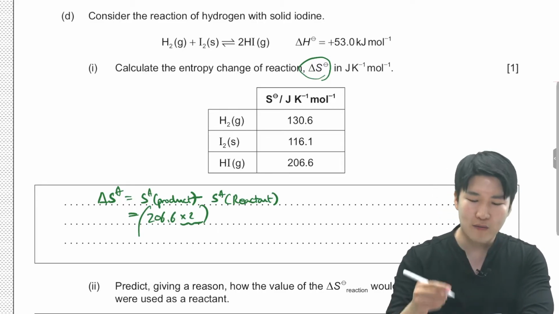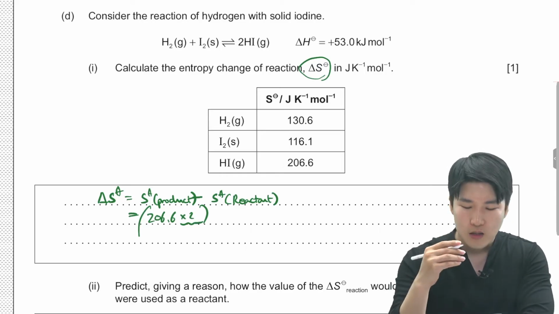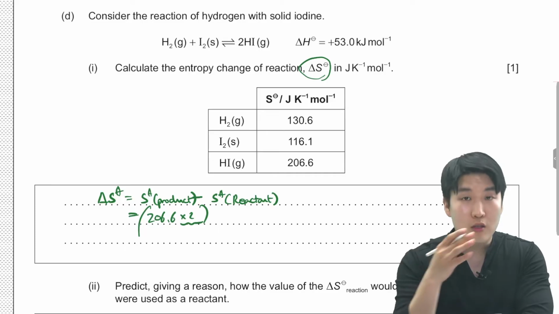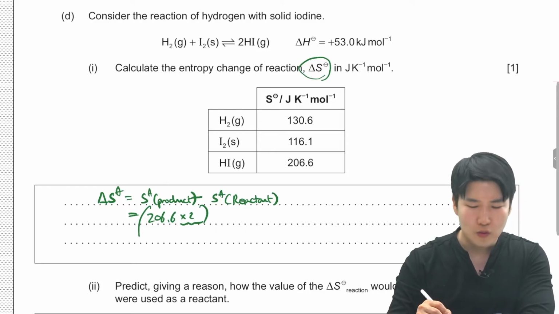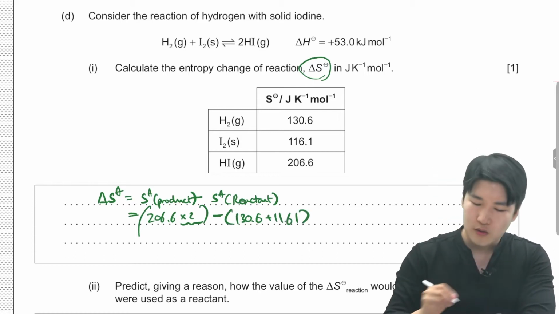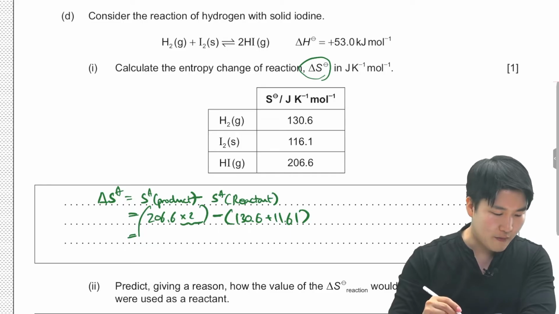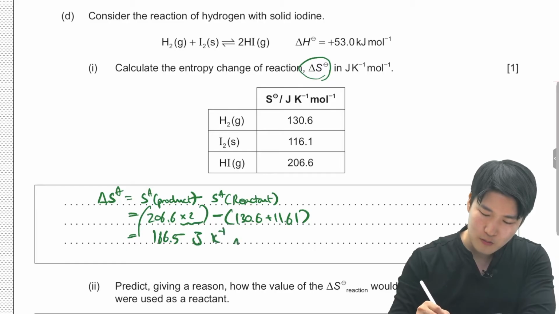And therefore, we have to acknowledge this coefficient, stoichiometry. Therefore, we'll be multiplying the product entropy value by 2 and then taking away the reactant entropy values. Do the math and we'll be given 166.5 joules per Kelvin per mole.